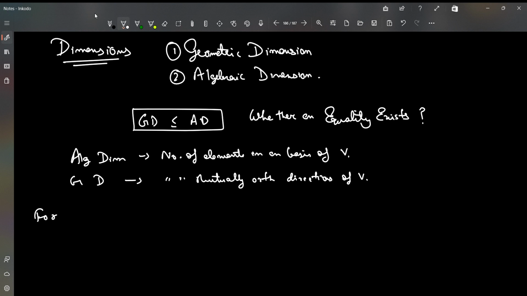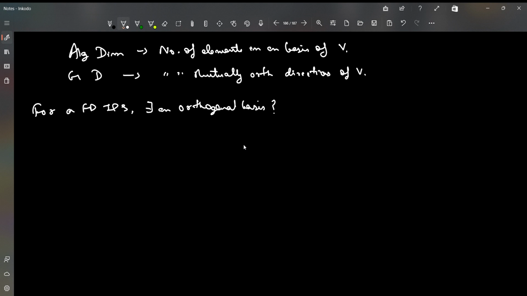So my claim is that for a finite dimensional inner product space, there exists an orthogonal basis. This claim is supported by examples in Euclidean spaces. If you consider R3, the algebraic dimension of R3 is precisely 3. You can span R3 by the unit vectors (1,0,0), (0,1,0) and (0,0,1). Two observations come out of this.